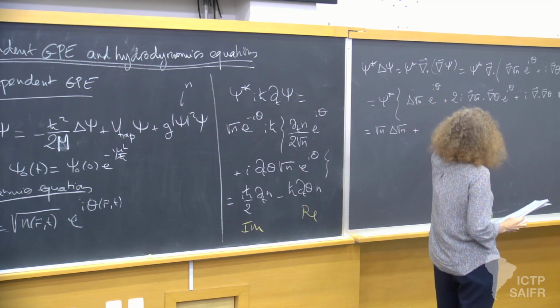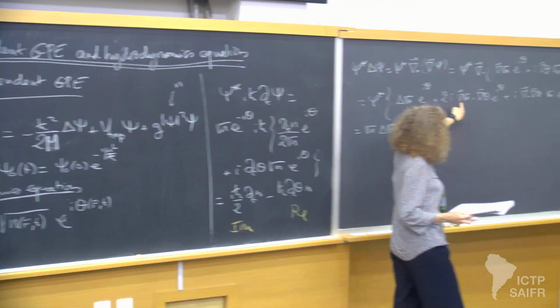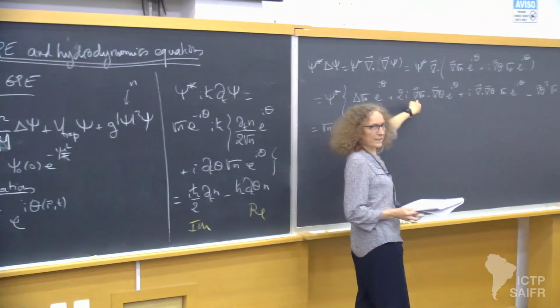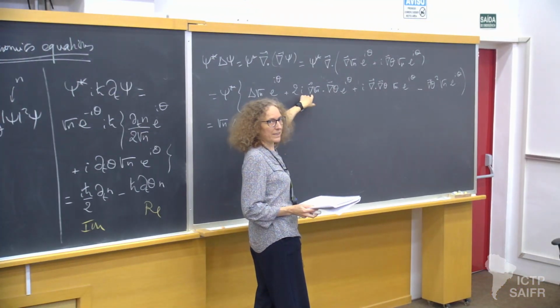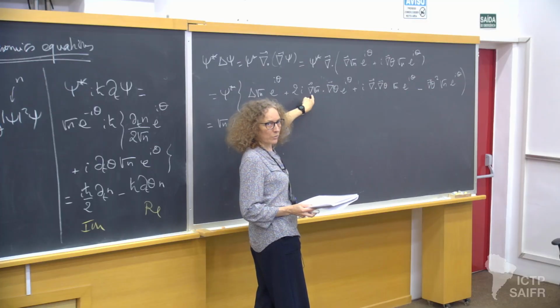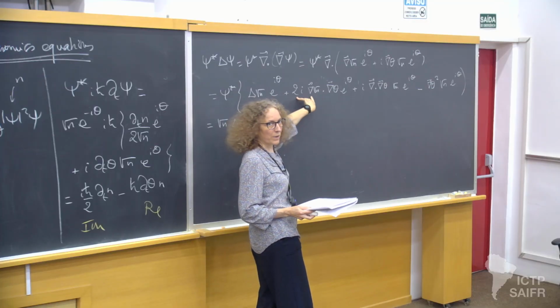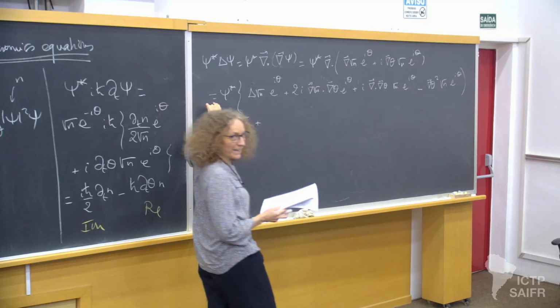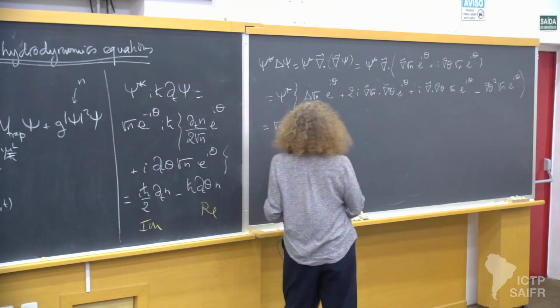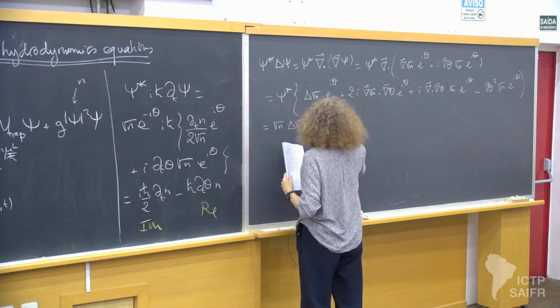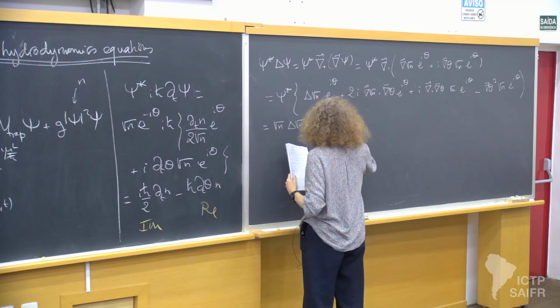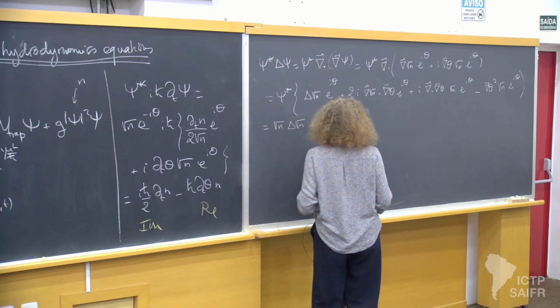so this one I will compute. The gradient of square root of n is gradient of n divided by 2 square root of n. So the 2 goes away, and the square root of n goes away with this one. So it's just I gradient of n, scalar gradient of theta.